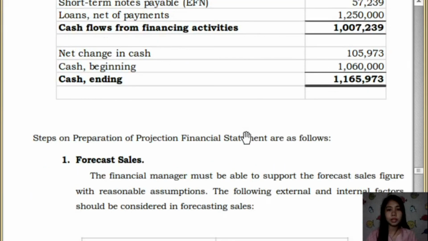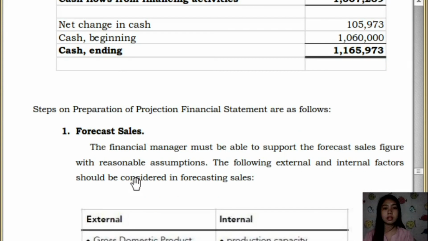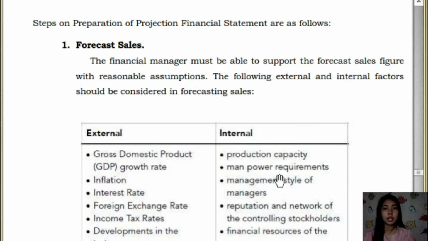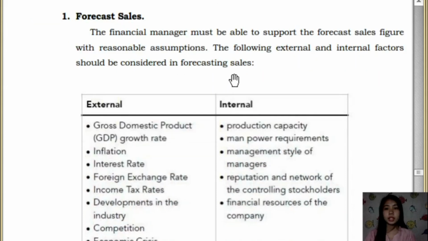Okay, next would be the steps on preparation of projected financial statements. So first, you have to forecast sales. You can use these internal and external factors. As I mentioned earlier, you could use previous data, previous year's performance, and other marketing variables. So pwede rin po natin gamitin itong mga ito in forecasting sales.